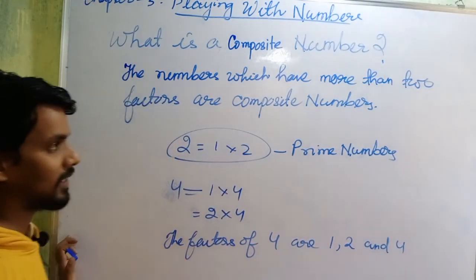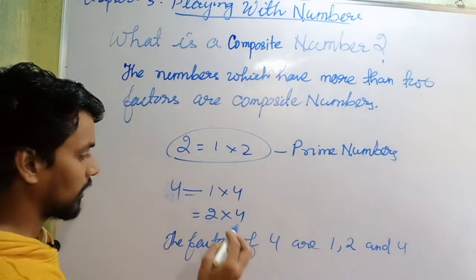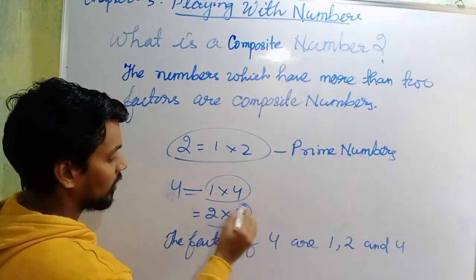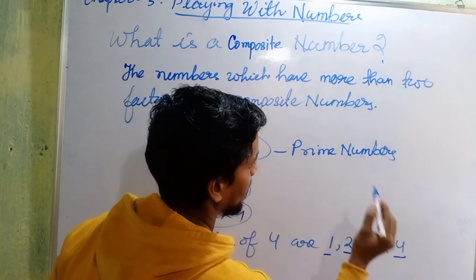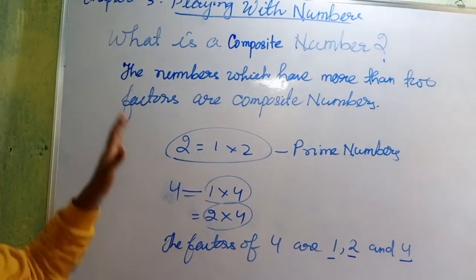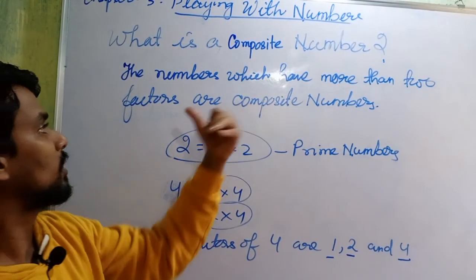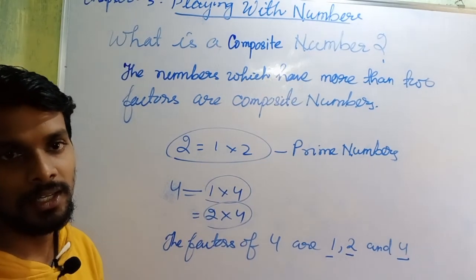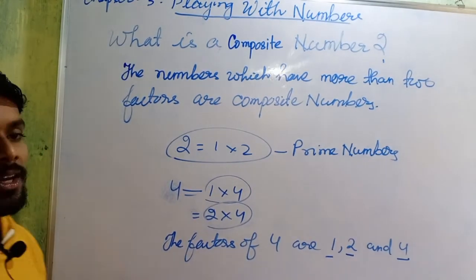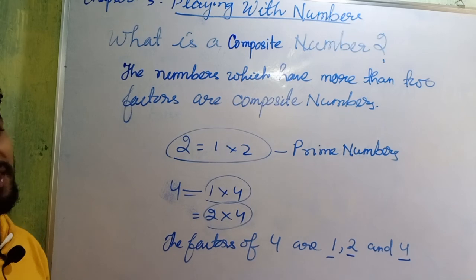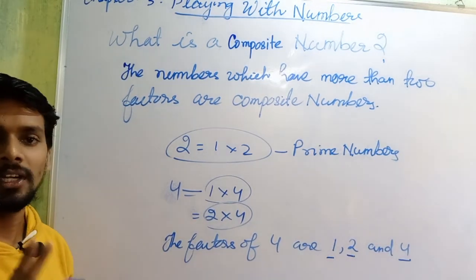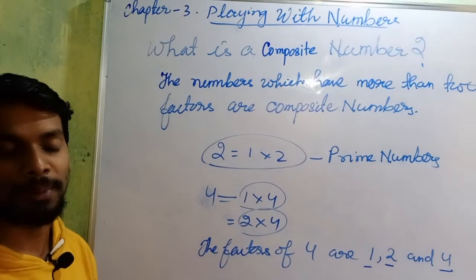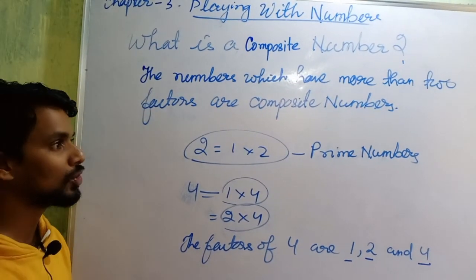So here you can see, as per the definition, there are 3 factors. What are they? 1, 2 and 4. As per the definition, the numbers which have more than 2 factors are composite numbers. So any number which has more than 2 factors is a composite number, and any number which has only 2 factors is a prime number.